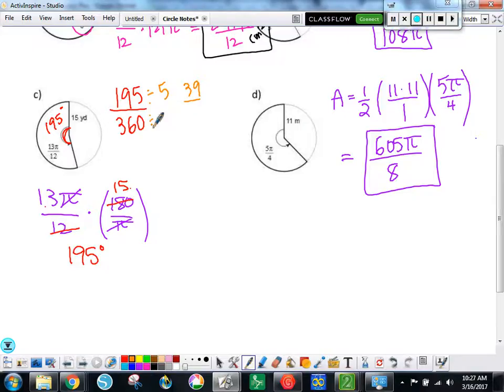Divide that by 5, you get 72. Okay. If those are both divisible by something else, you get 13 over 24.